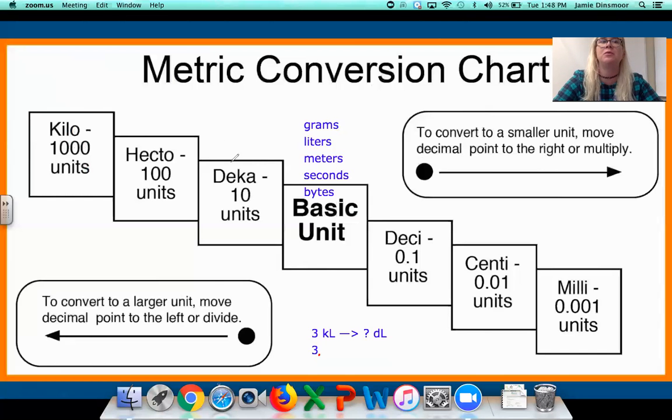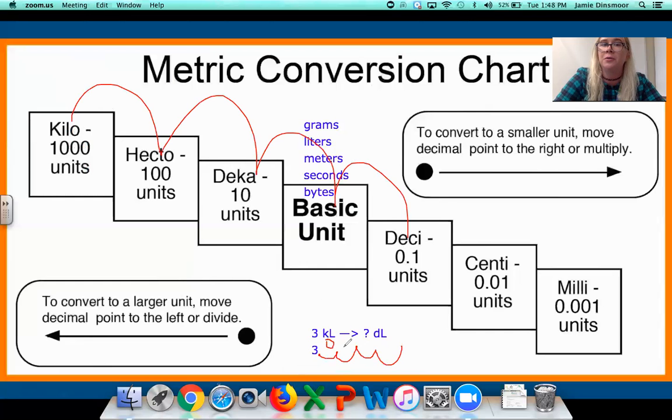So let's see how many times we need to move the decimal. If we're starting at kilo and we need to go to deci, right? I'm gonna have to move my decimal 1, 2, 3, 4 times. So I start after my 3, I move 1, 2, 3, 4 times. I plug in my zeros, and I get 30,000.